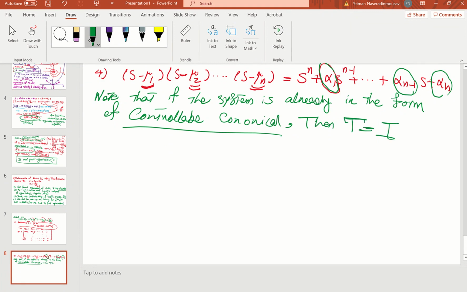The T matrix is the identity I. Okay, T matrix is I.